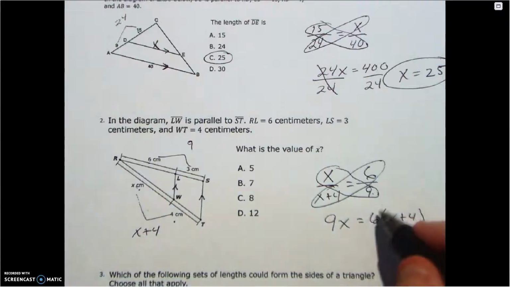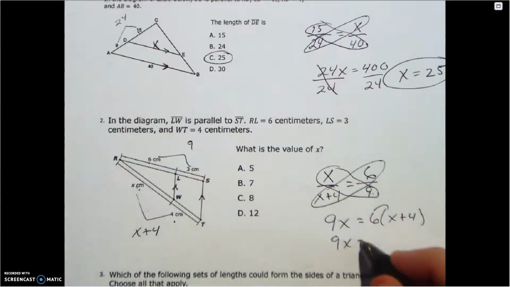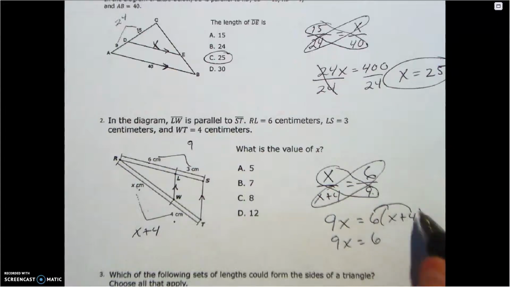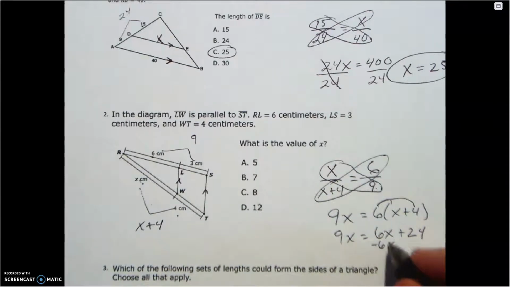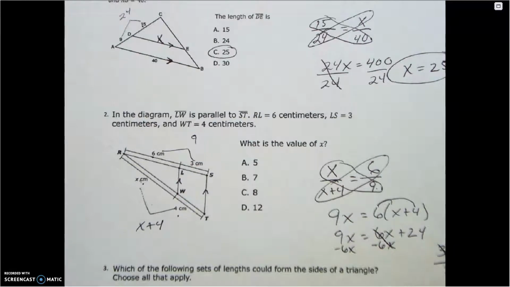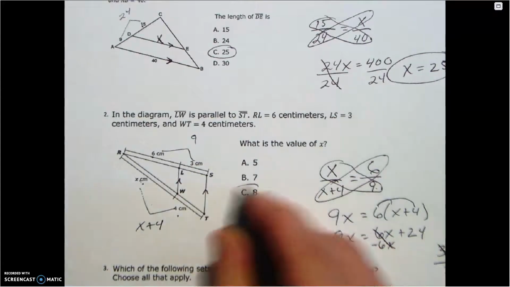Now from there, we can distribute. So we get 6x plus 24. And then we're going to solve. Minus the 6x, minus 6x, and that becomes 3x equals 24. Divided by 3, and x would be 8.